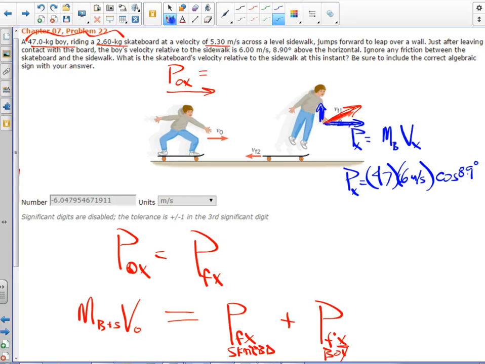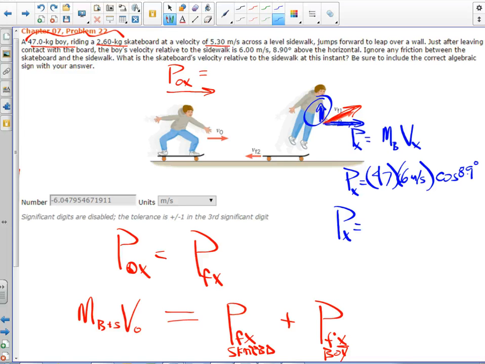See, there was an impulse in the vertical. Because of his external interaction with the earth through the skateboard, he now has added momentum, changed his momentum, but he hasn't changed it in the x. So we have the x component of his momentum.